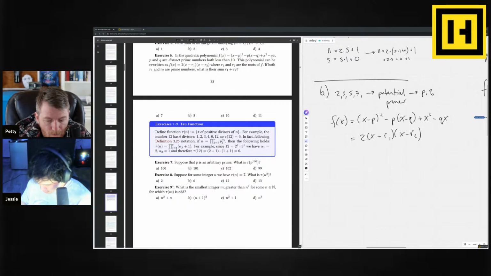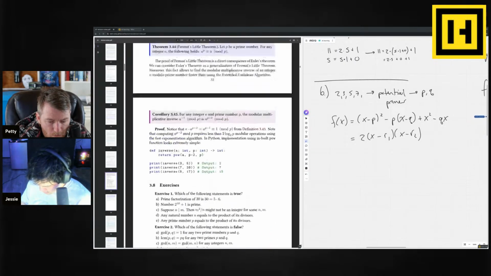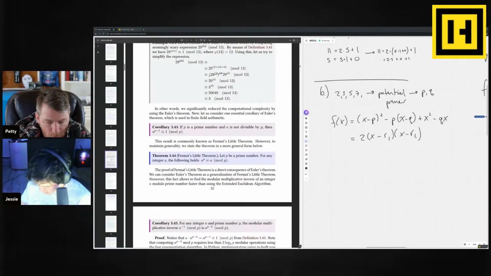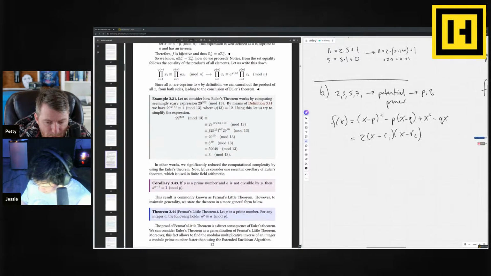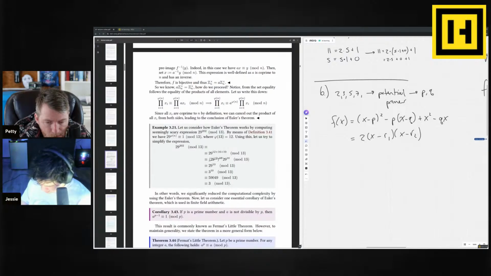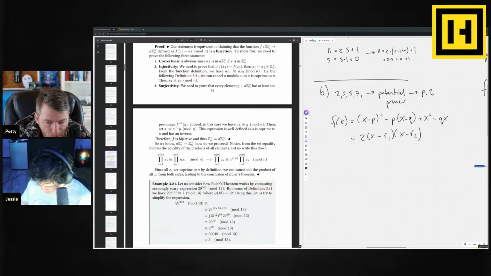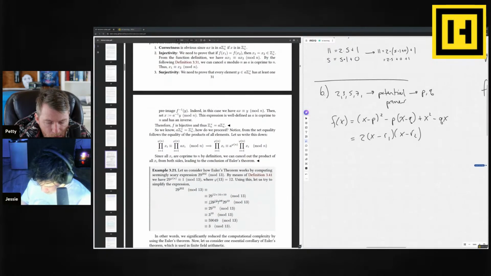So let's see. So (x minus p) squared minus 2 times (x minus 3) plus x squared minus 3x. All right. So now I'll just write this out so I don't mess up the algebra. Oh, wait, hold on.